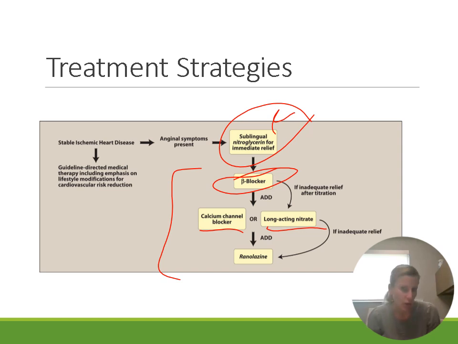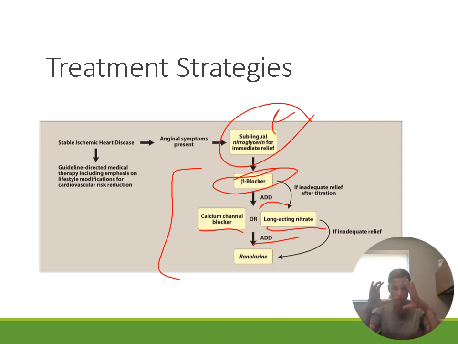If you don't get adequate relief, then you can add. Notice each of these, you guys, is add. We're not taking away, we're not trading, we're adding. Then you can add the ranolazine. Ranolazine is a sodium channel blocker. It decreases intracellular sodium and calcium to decrease smooth muscle contraction.